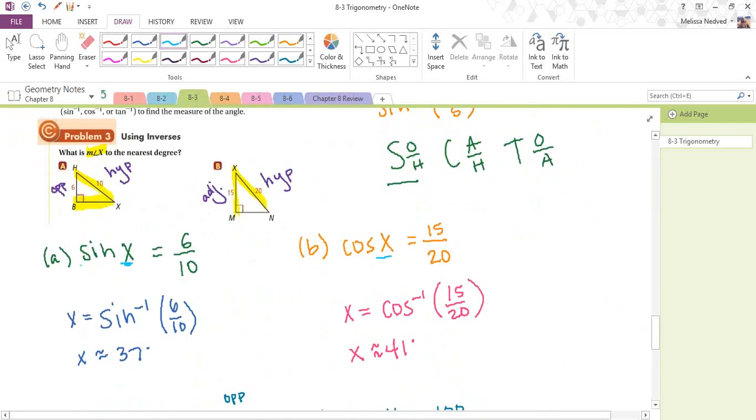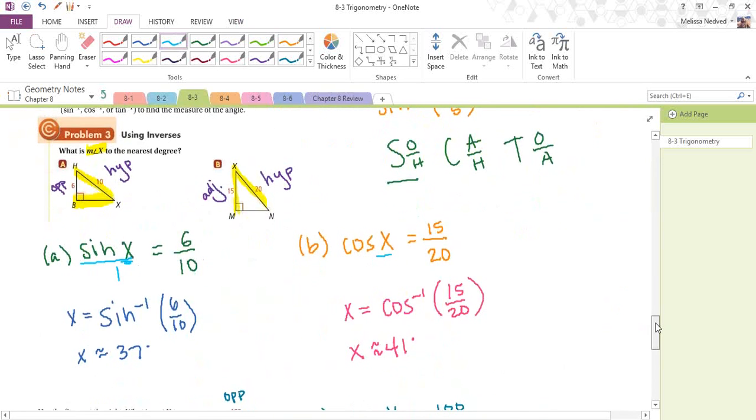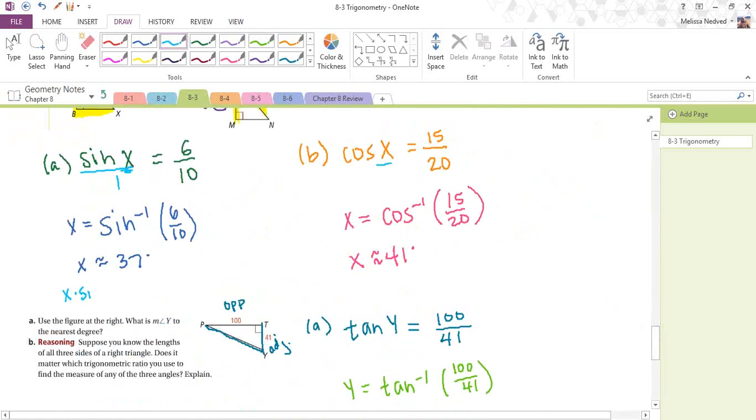If I were to try to cross multiply this, I'd get 10 times sine of x equals 6. Let me write that down here quick to maybe help you. 10 times sine of x equals 6. Then I could divide by 10, and I'd get sine of x equals 6/10, and that's right back where I started.